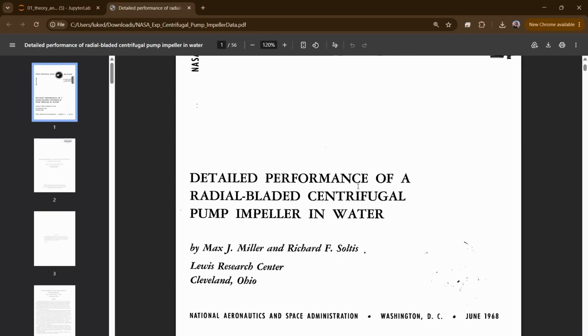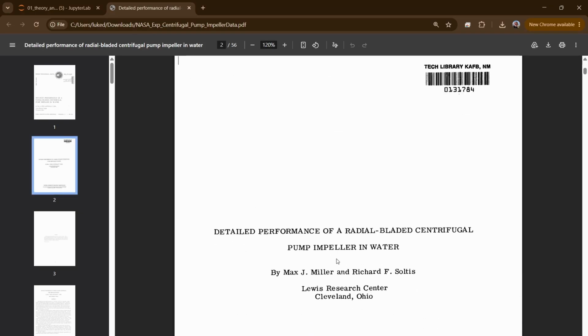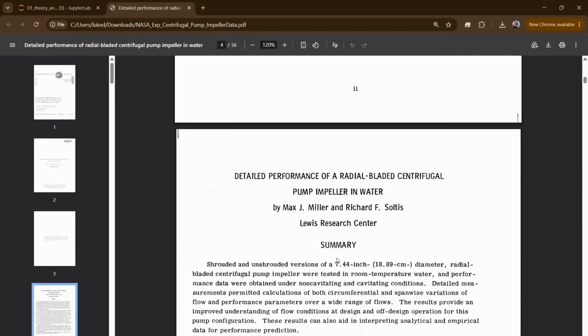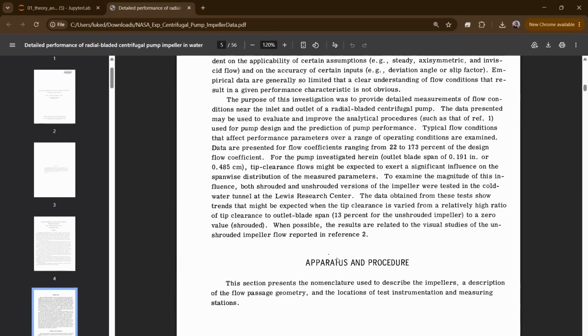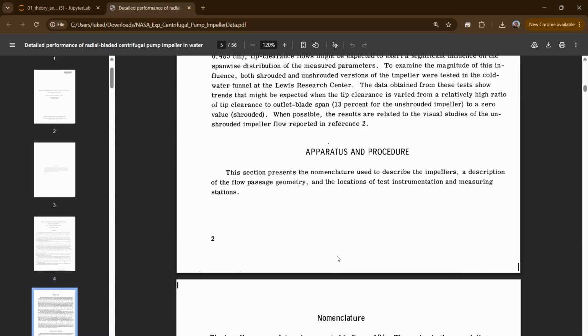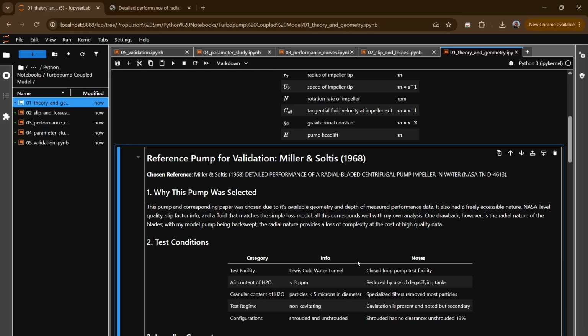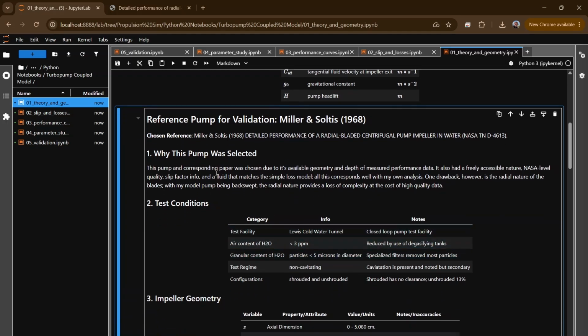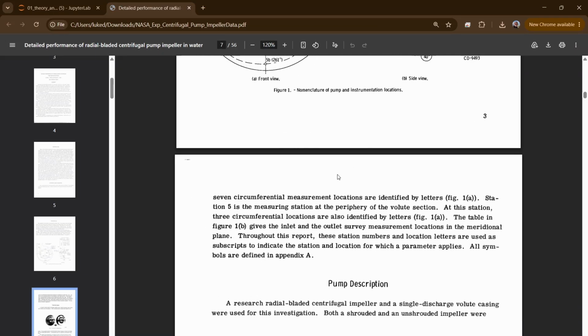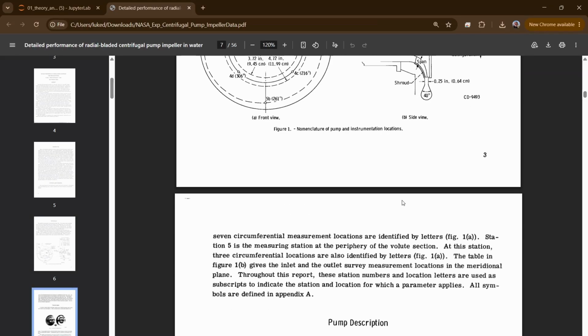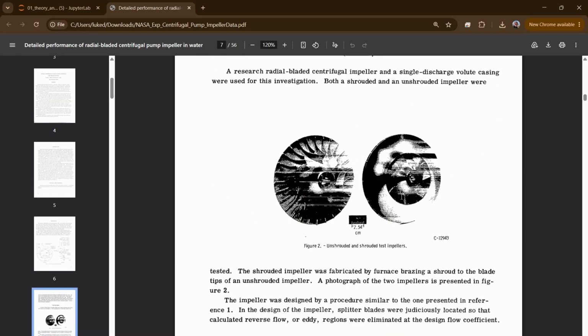Some guys in 1968 made this paper, and it details a whole centrifugal turbopump assembly in which it details all the geometry so I can really replicate it very easily in SolidWorks.